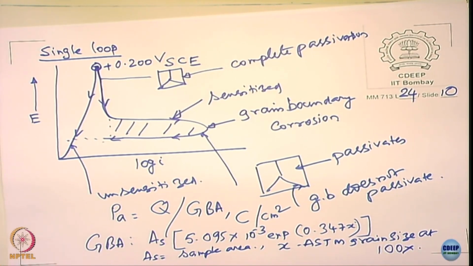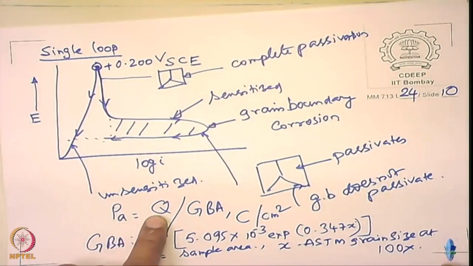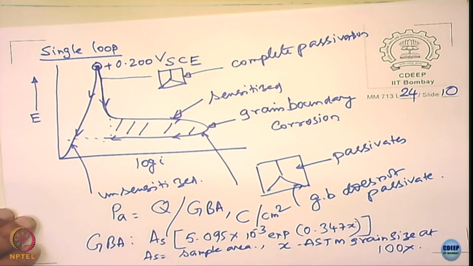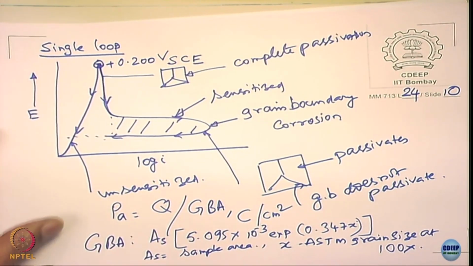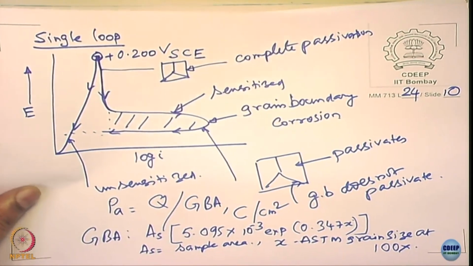This you might have studied in your metallurgy courses. So you know the grain boundary area, you can find out the Q value, and you can find out the Pa, and the Pa is an indication of the extent of sensitization.